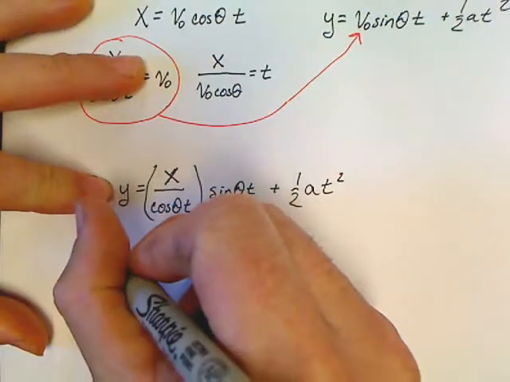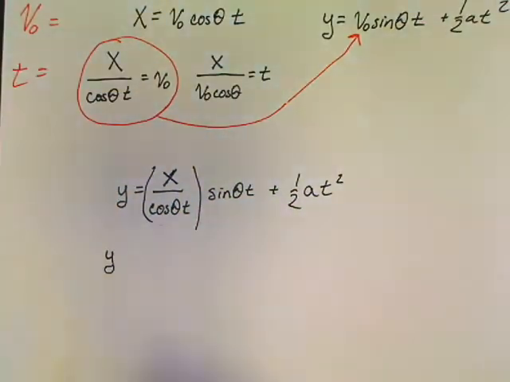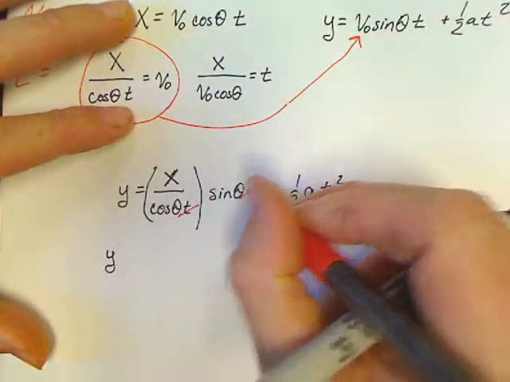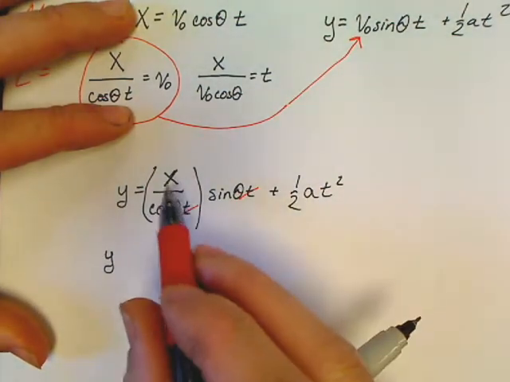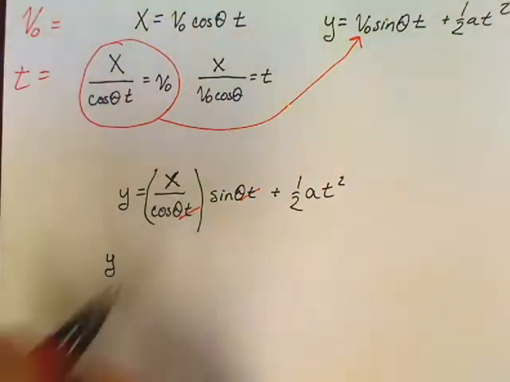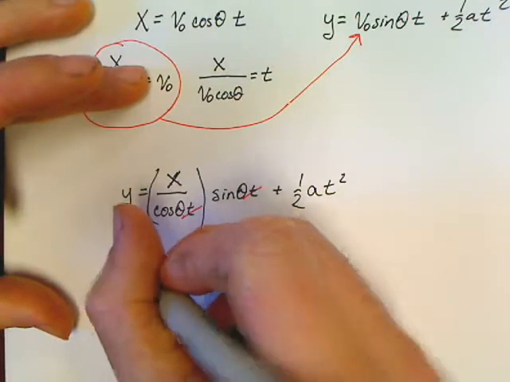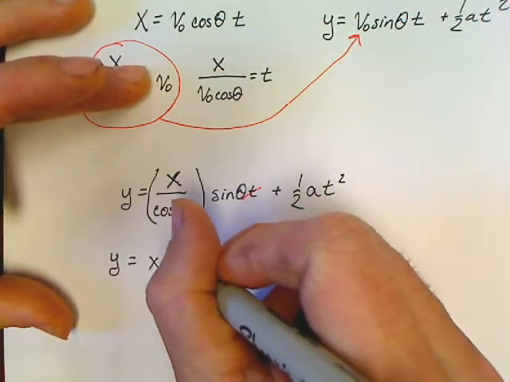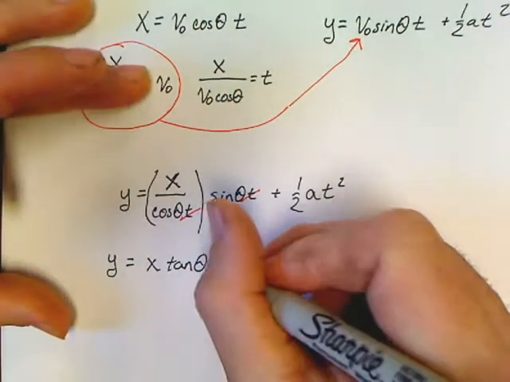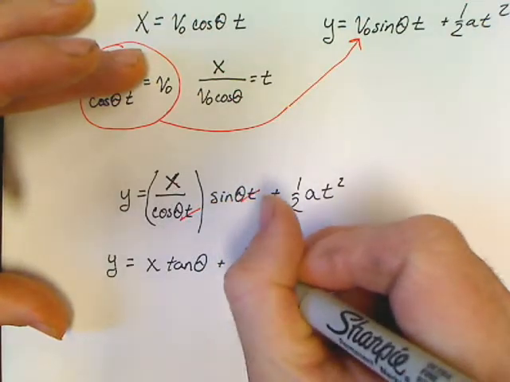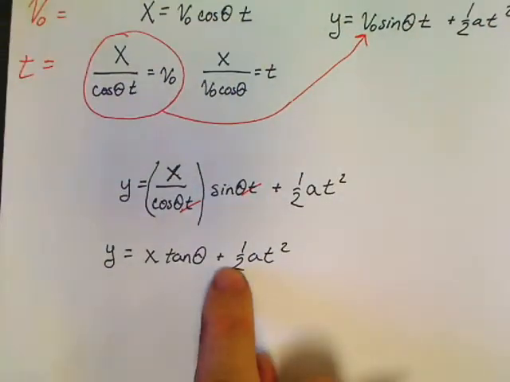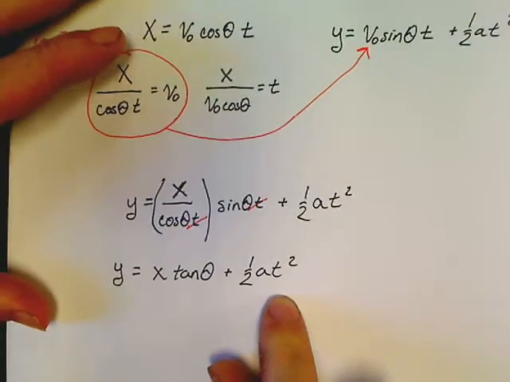So this problem becomes y equals, now look, t's cancel, and we get x sine over cosine. So y equals x tangent theta plus 1/2 a t squared. And we've only got one unknown left in this.